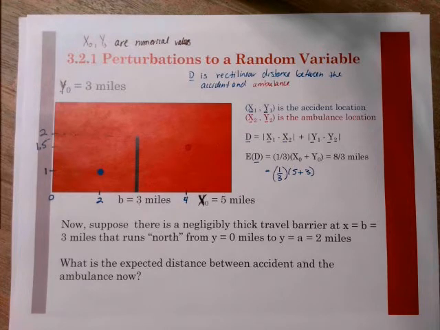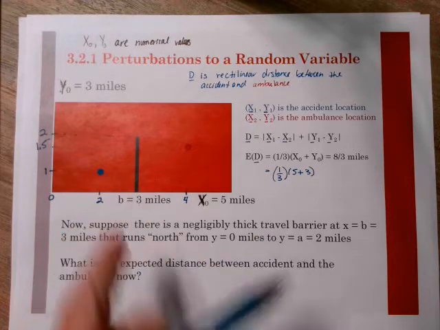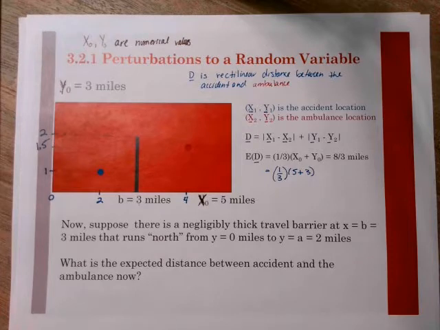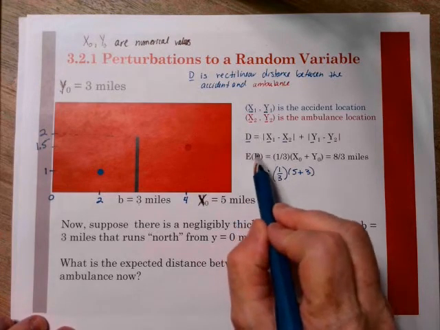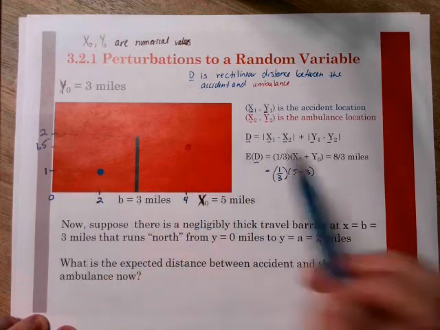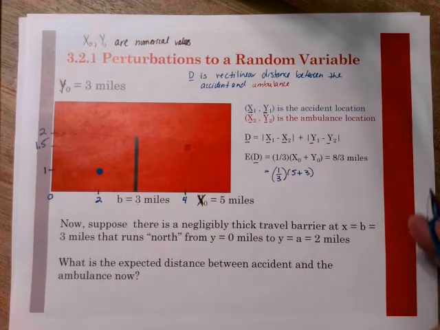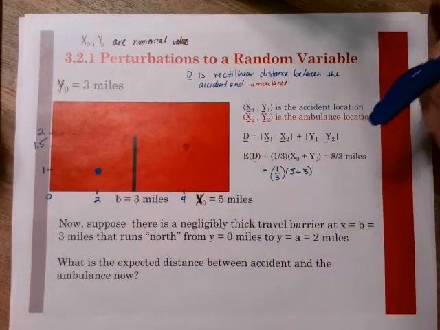Okay, so now I believe we have pretty much set up everything I wanted to say. I'll keep drawing this just to slow myself down as I go through these slides. So the question is now, what is the expected distance between the accident and the ambulance? This D right here is the rectilinear distance between them, and I should point out up here, without the barrier.